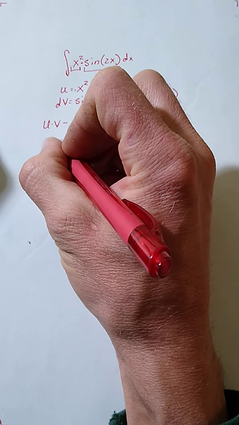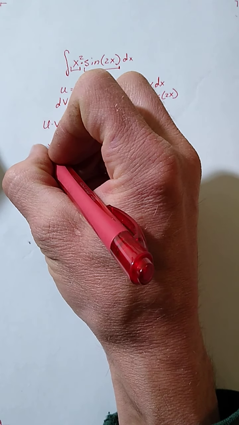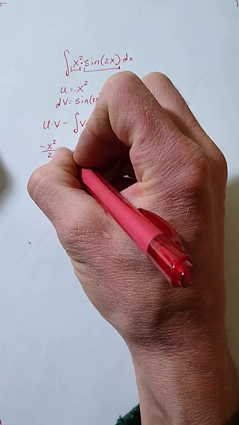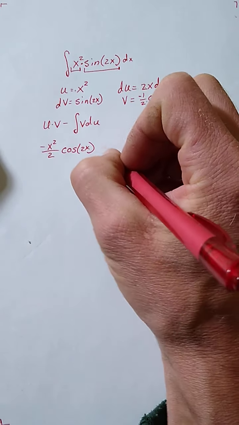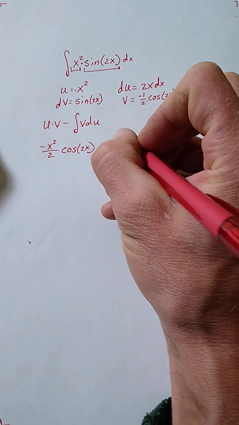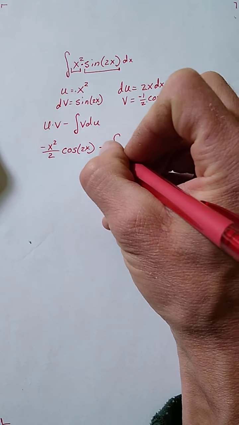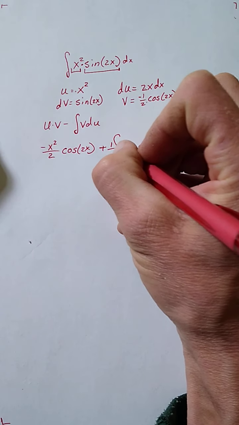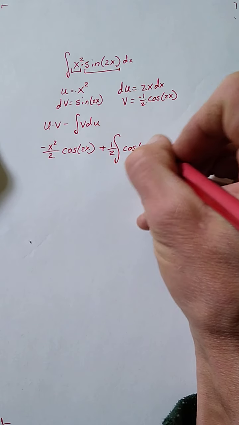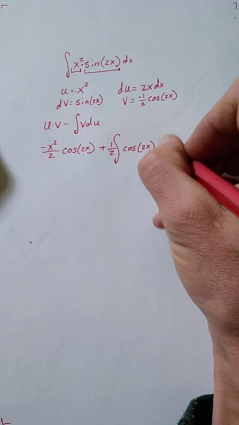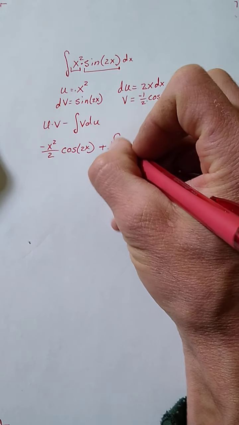So in this problem, u is x squared, v is negative 1/2 cosine 2x. So I did a teeny bit of simplifying, minus the integral of v. So minus a negative cancels that. I can bring my 1/2 out front, cosine 2x dx, and then du was 2x.